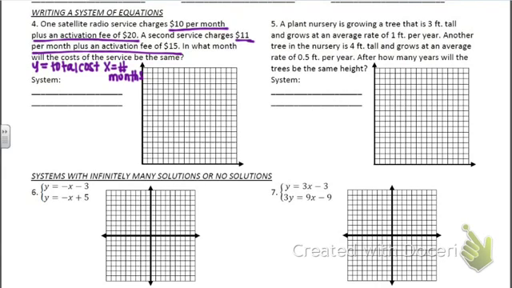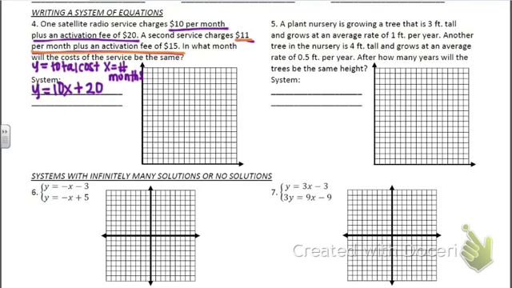So if I'm charging $10 per month plus an activation fee of 20, that first equation is going to be y equals 10x plus 20. So $10 per month plus $20. And then I'm actually going to change the colors here. I'm going to use orange for the other one.